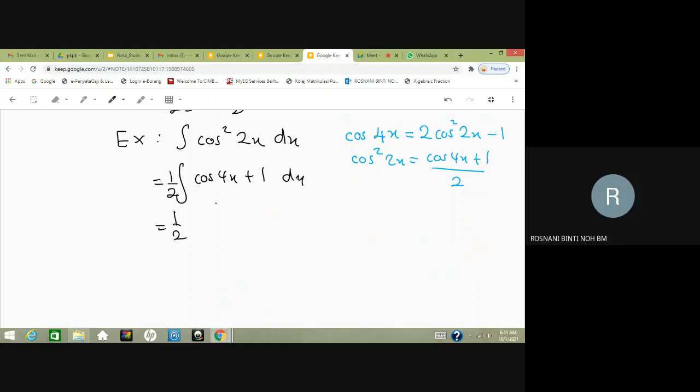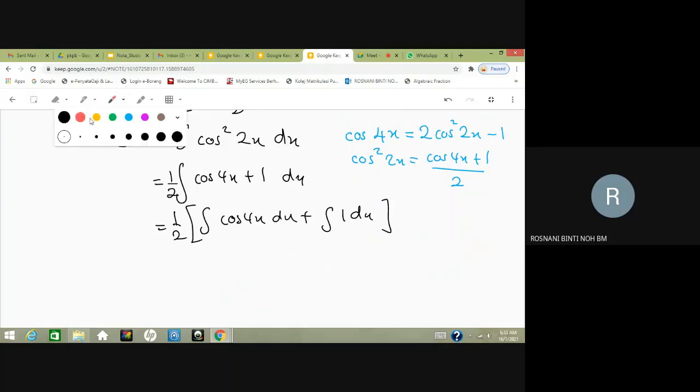So 1 over 2, integrate cos 4x, plus integrate 1 dx. Cos 4x here is the derivative of sine 4x. Differentiating sine 4x will give you cos 4x multiplied by 4. So to get sine 4x, we must integrate 4 cos 4x.